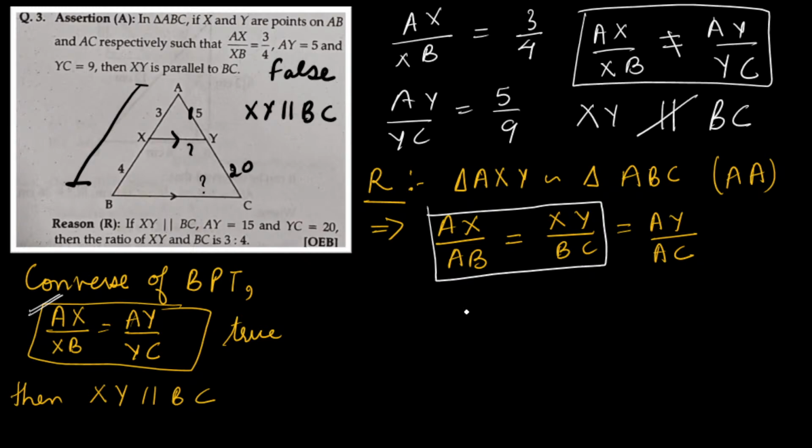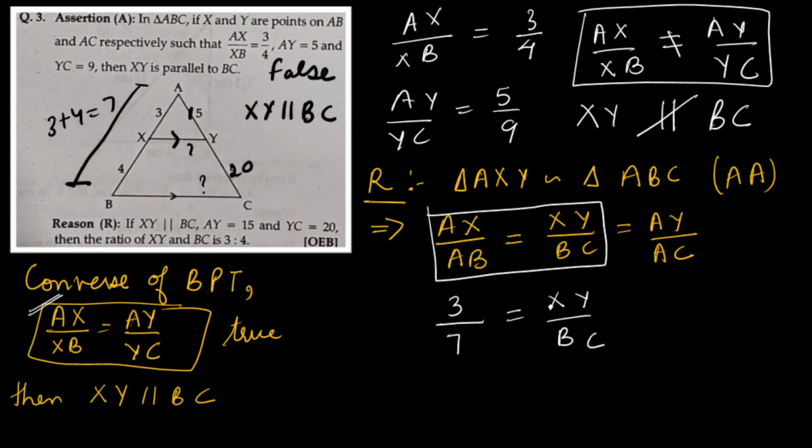Yes, it is 7. So AX is equal to 3. AB is AX plus XB, that means 3 plus 4. This equals 7. So AB is 7, like we did in the previous question also. So XY by BC. Is it true?